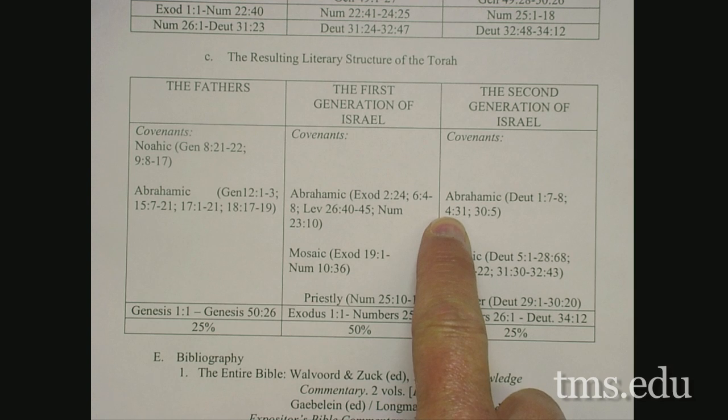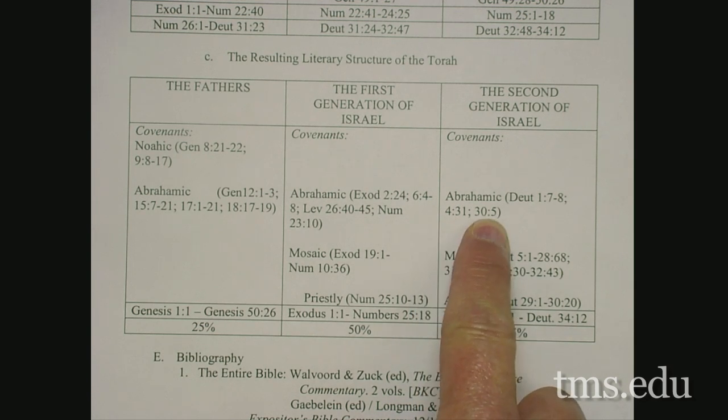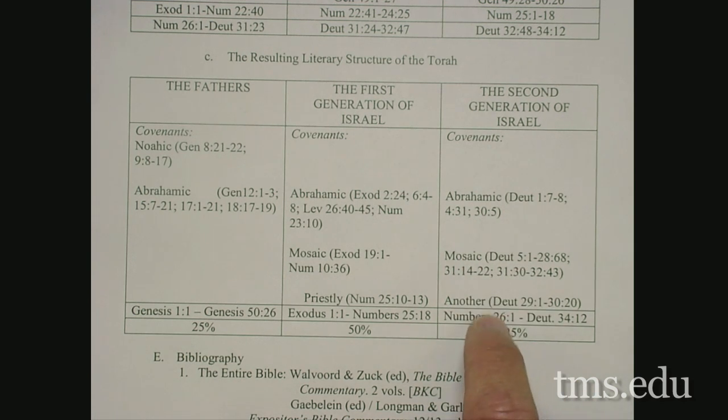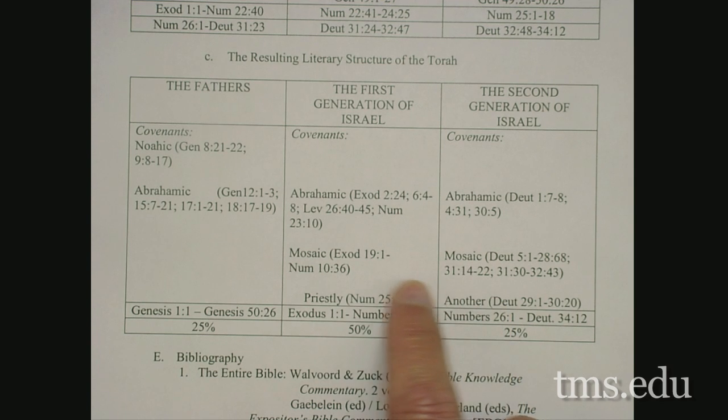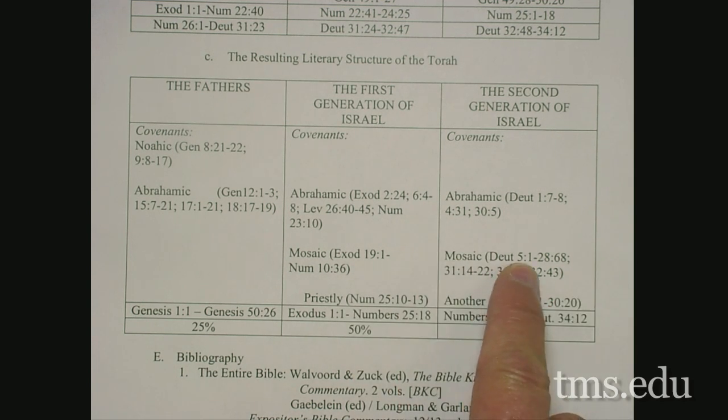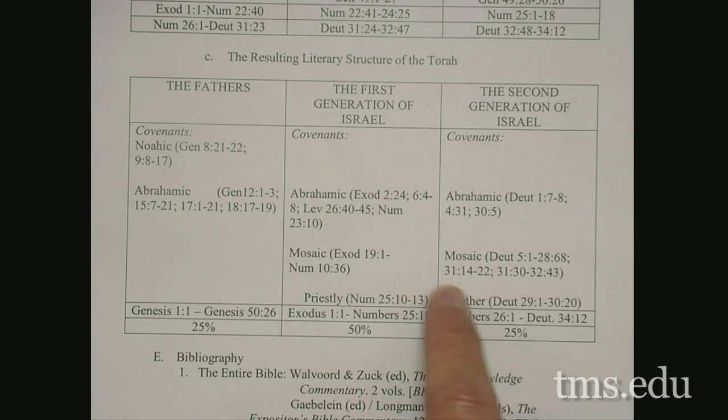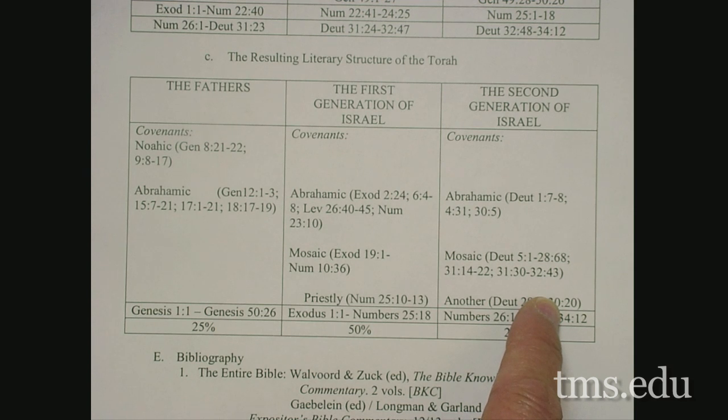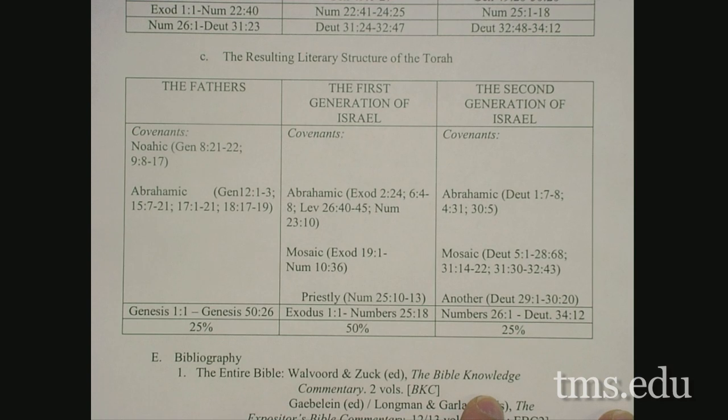It is going to be fulfilled at the end of the days. It is going to be fulfilled when God changes your heart. Is that change of heart going to come through the Mosaic covenant? When we get into Deuteronomy, no, it is going to come through another covenant that God is going to make with Israel in the future, all tied together.